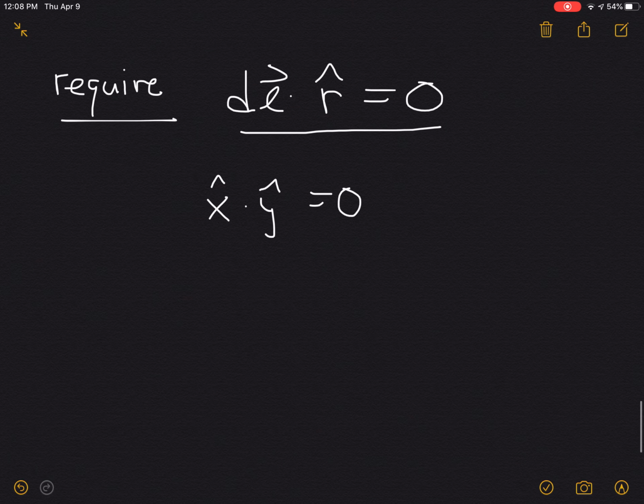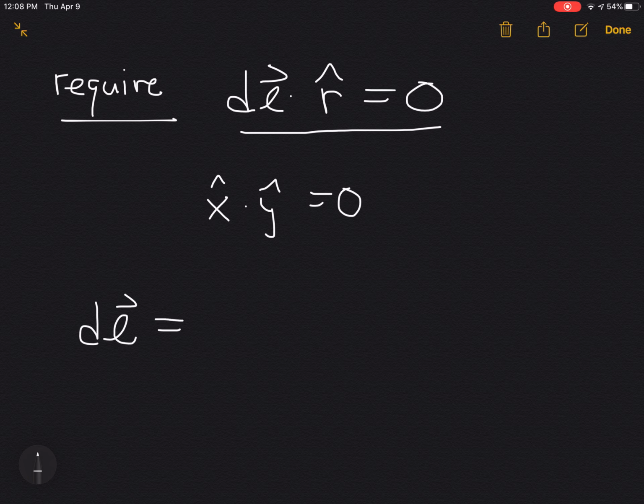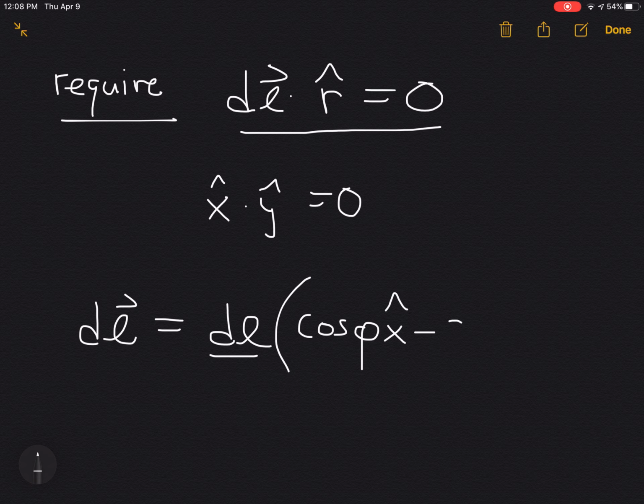I'm going to skip the steps, but it's actually a good exercise for a lot of you to figure out how to do this. You can actually show that with that requirement, up to an overall constant, dl is equal to some infinitesimal length, dl, which is a scalar, not a vector this time, times cosine of phi in the x hat direction minus sine of phi in the y hat direction.